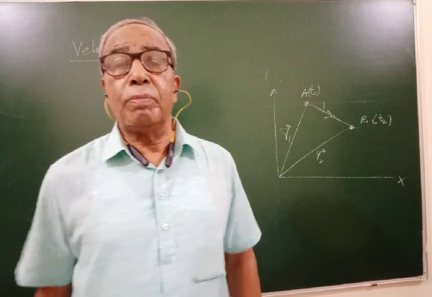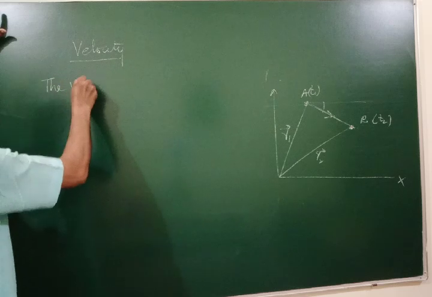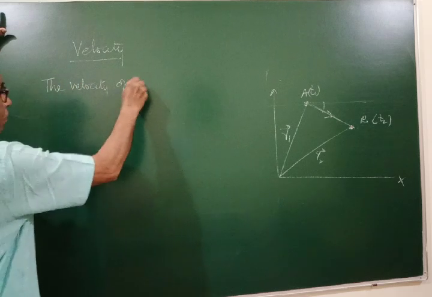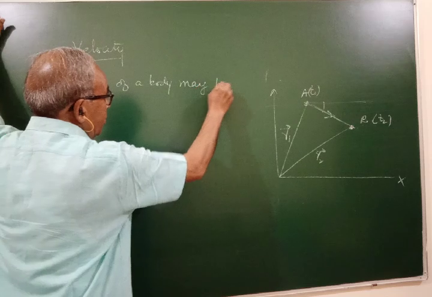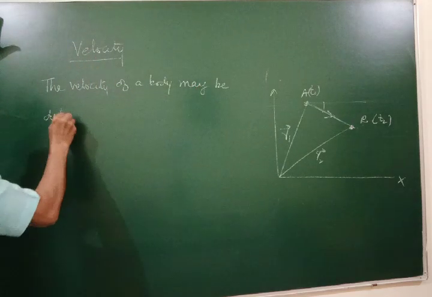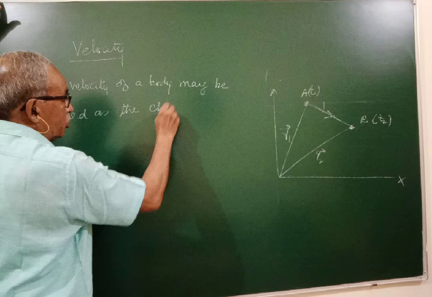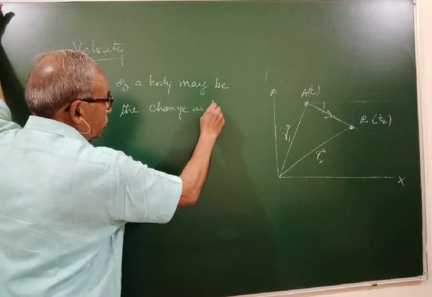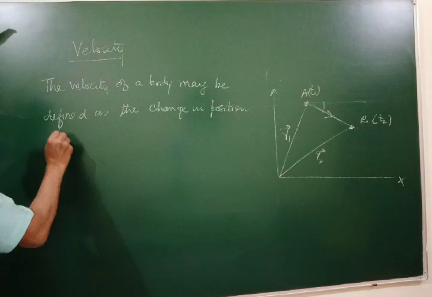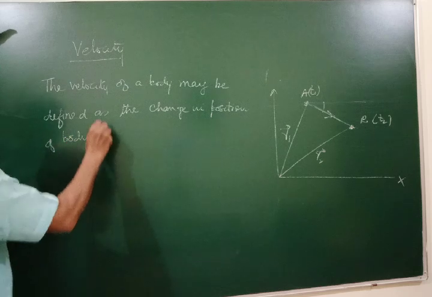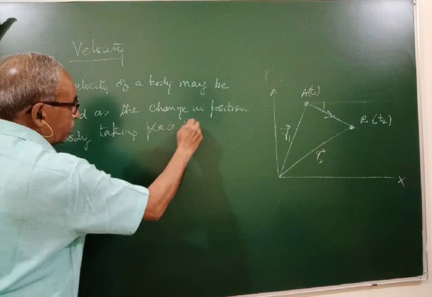So, change in position per unit time, the velocity of a body may be defined as the change in position of the body taking place per unit time.